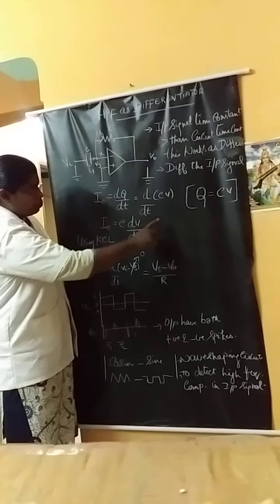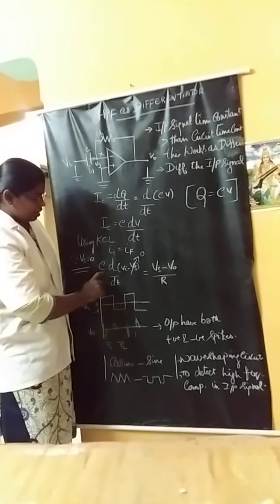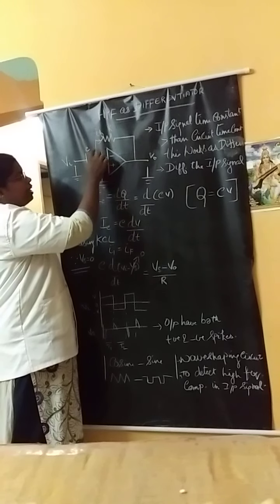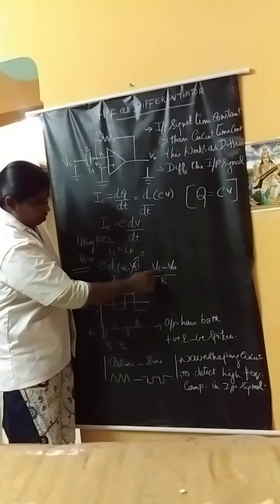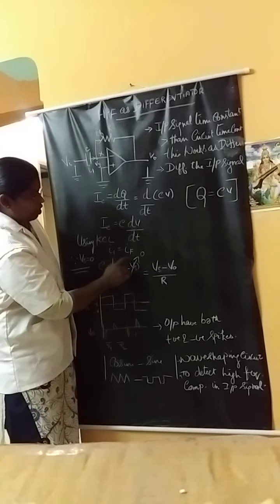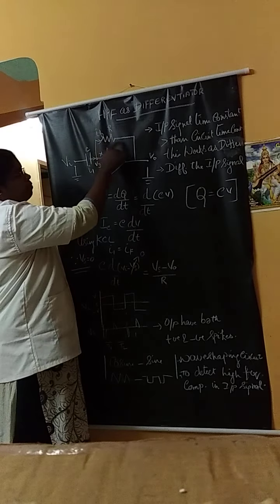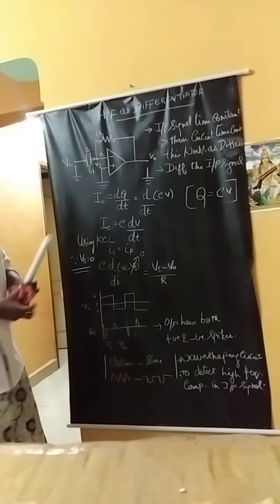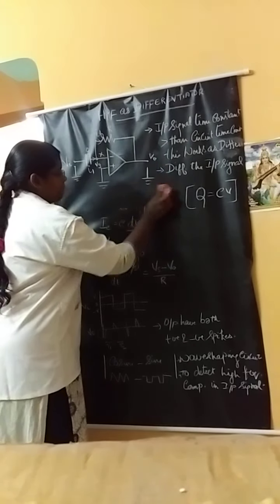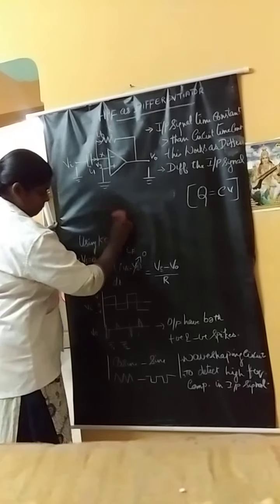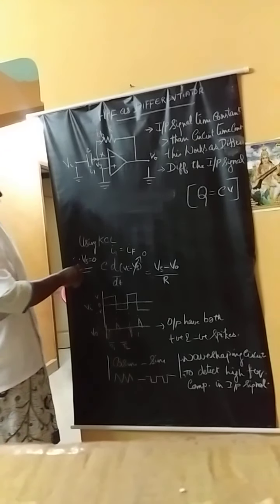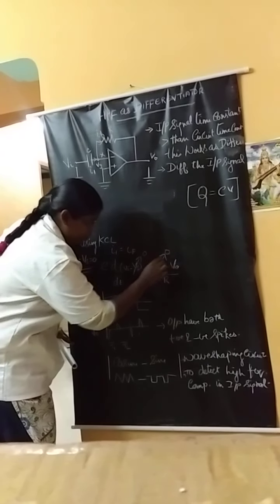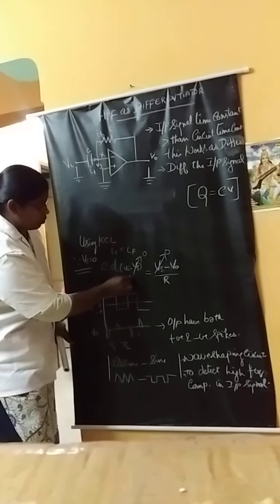I1 equal to C into d of (Vi minus Vs) by dt, the capacitor current, and IF is equal to (Vs minus V0) divided by R. Now Vs equal to 0, therefore these terms go to 0.